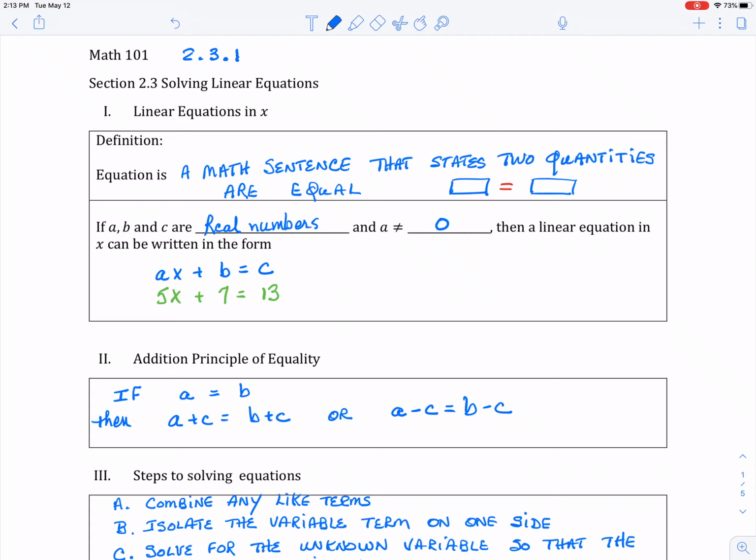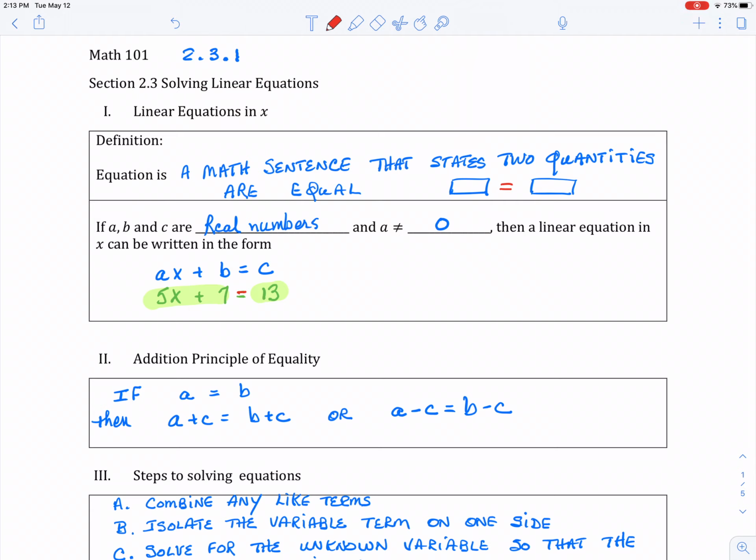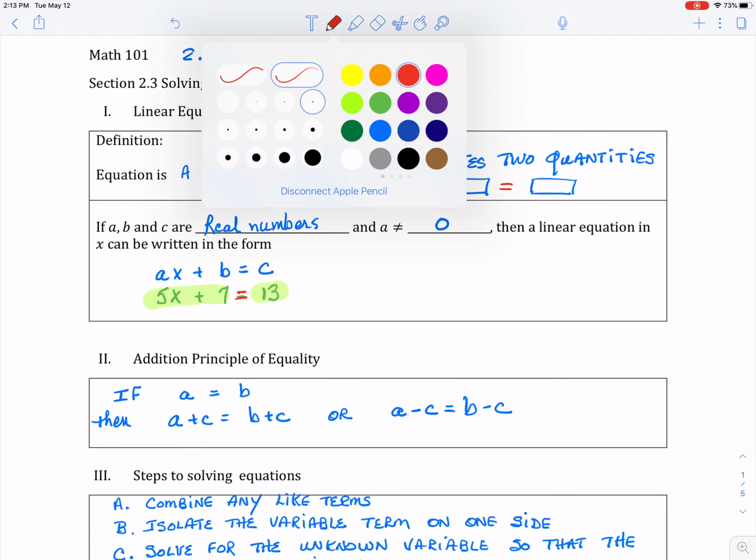The way it would look is 5x plus 7 equals 13. And again, there you see left side, right side, and right here in the center is the equals mark. So again, that's what makes it an equation.